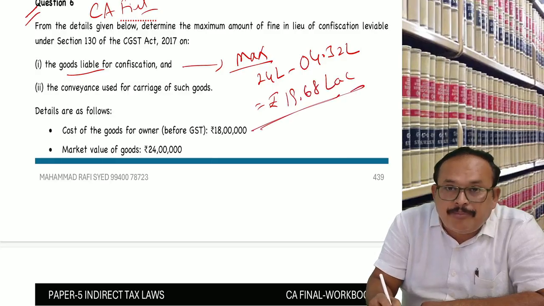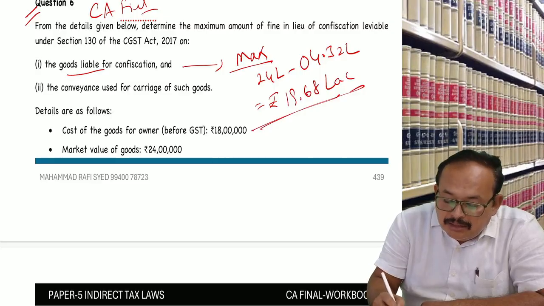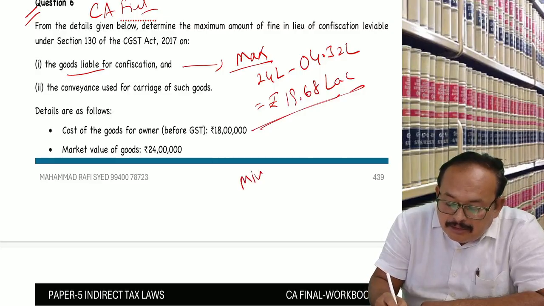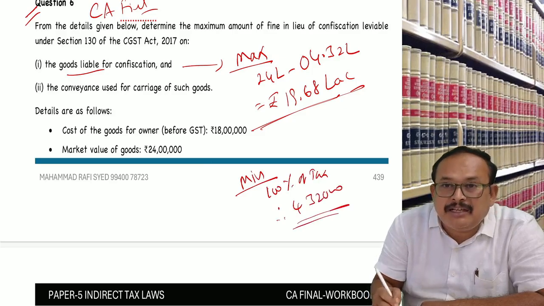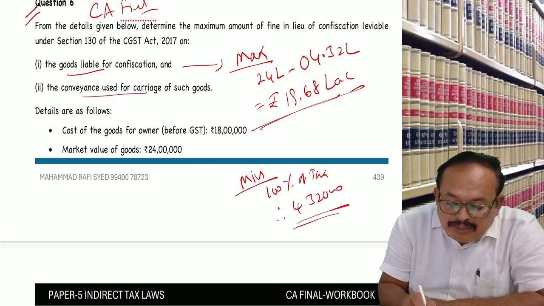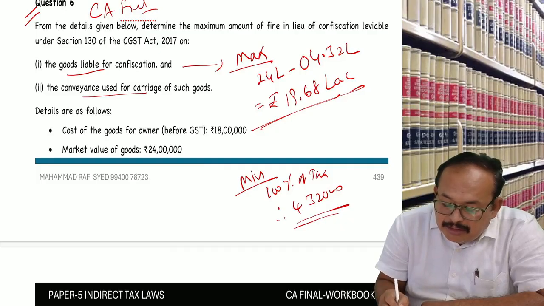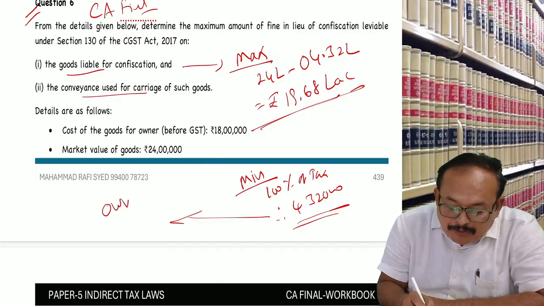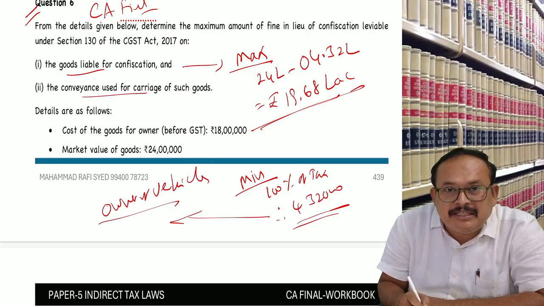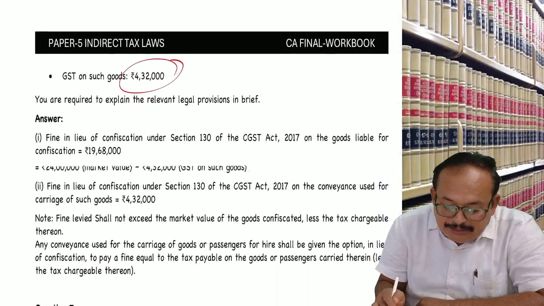This is the maximum. Is it clear? Then the minimum is 100% of tax, that is 4,32,000. Is it clear? For the goods used for carriage, the same amount. Here, what is the minimum? It is the amount of 100% of the tax for the owner of the vehicle. Is it clear? That is one point.